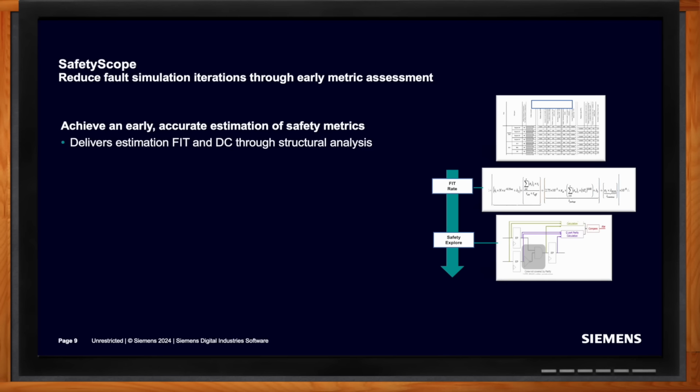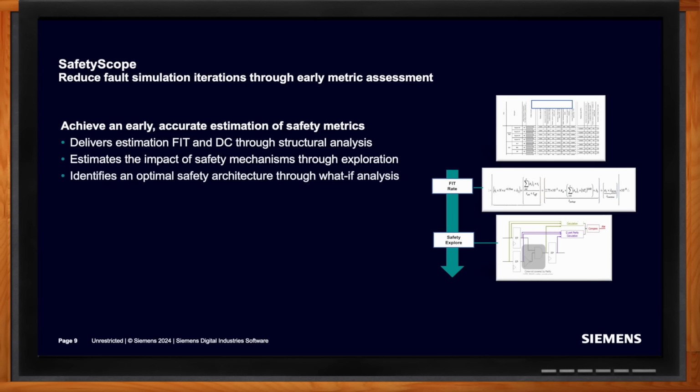It will estimate the impact of those safety mechanisms that you've designed in, and you can explore ways of reaching the target ASIL level, whether it's B, C, or D, by exploring if I put additional safety mechanisms in different parts of my design, how does that affect the design? So safety scope helps you create that architecture, that optimal architecture early.